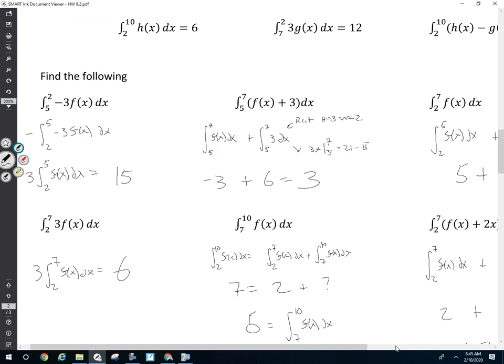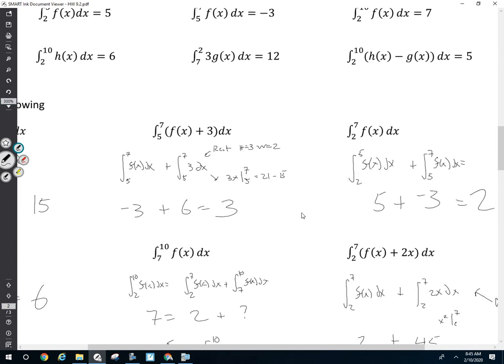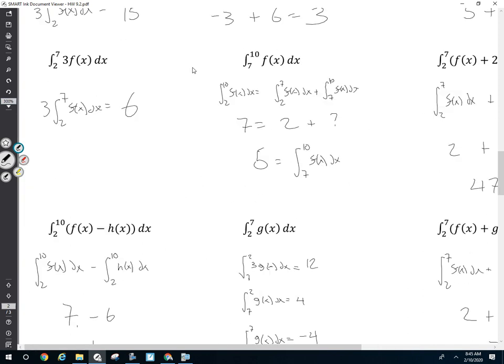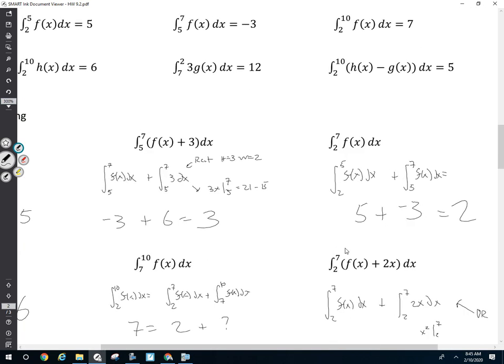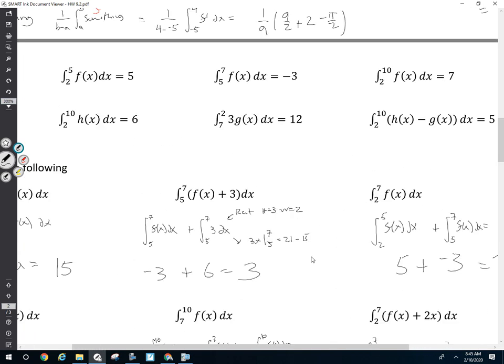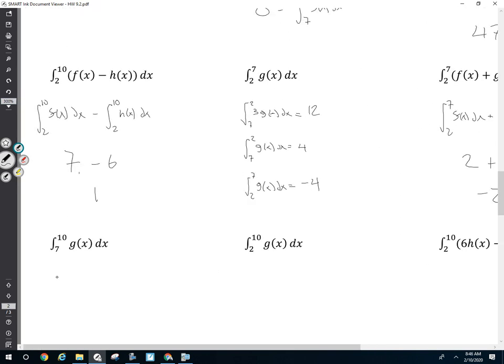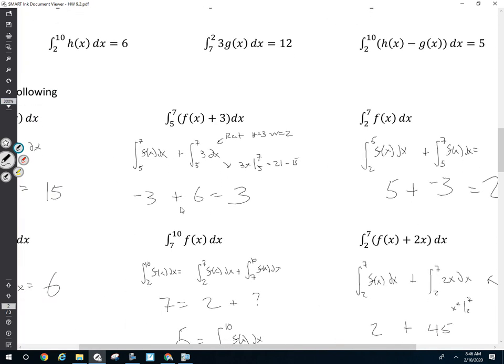7 to 10 of g. I got 2 to 7. I got 2 to 10 of h minus g. I got 2 to 10 of h. I think I can do it. 2 to 10 of h minus g is 5.